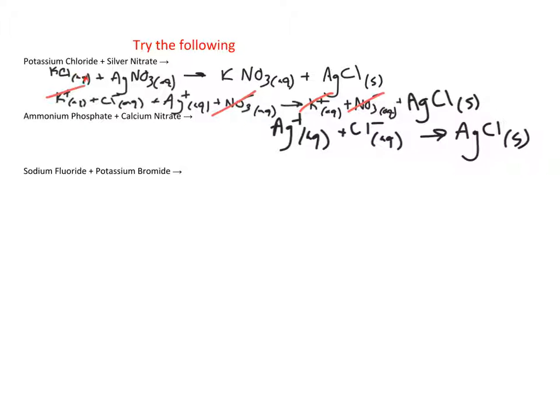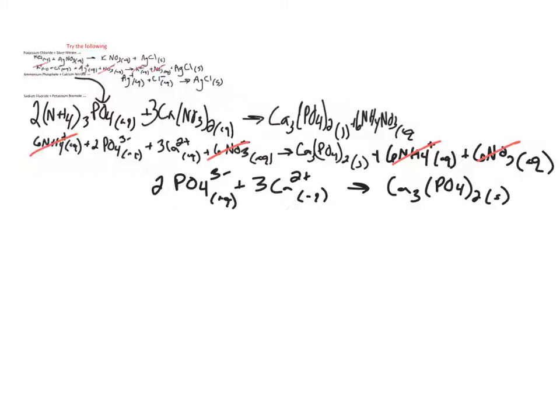If it says aqueous, I dissociate it into its individual ions. Same with this one, same with this one. And then all I'm left with is the solid, which I can't dissociate. Cancel the things off that are the same on both sides, and then write what's left over, and that's my net ionic equation right there. Okay, so try the second one, pause the video, and I'll come back and show you that one.